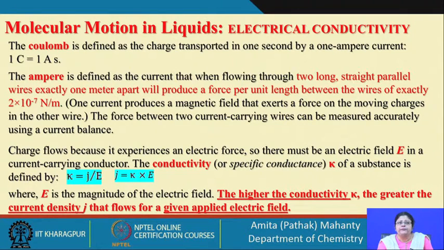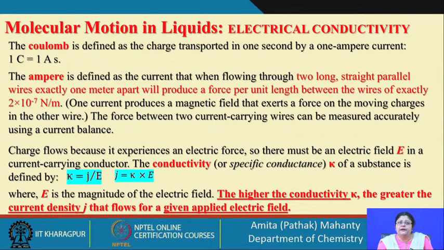Okay. So, the ampere is defined as the current that, flowing through two long straight parallel wires exactly 1 meter apart, will produce a force per unit length between the wires of exactly 2 into 10 to the power minus 7 newtons per meter. So, how do you define the current of 1 ampere?